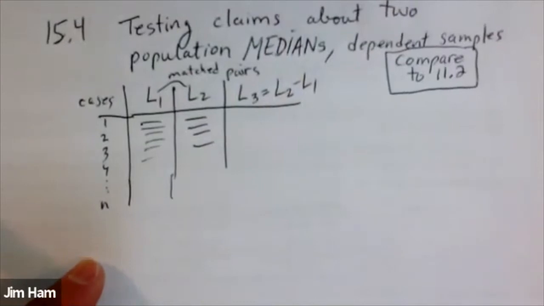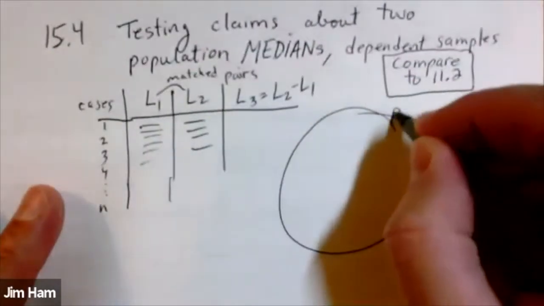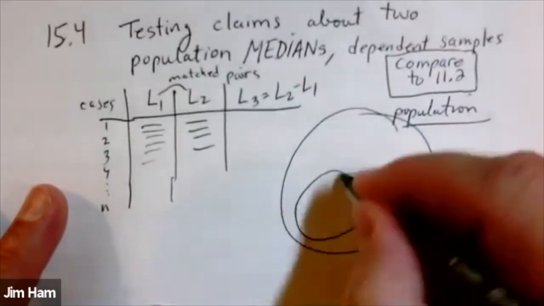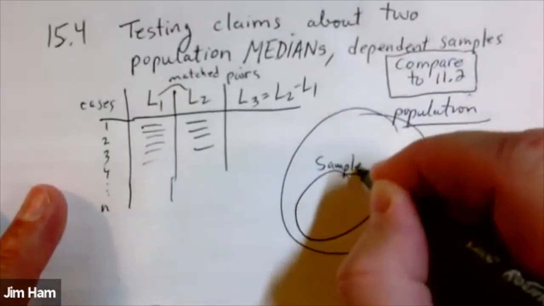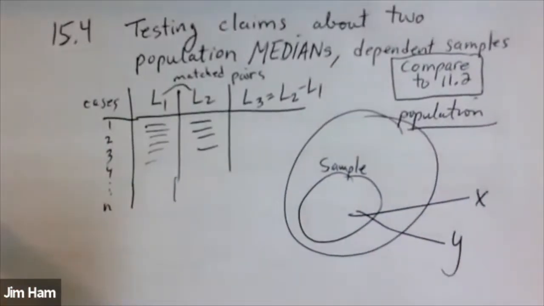So you're going to be doing the same thing, but you're going to be building a much bigger table than what you see here. Most of the time our data sets will be fairly low for this test. And generally what we have is one population, and we take one sample, but we're taking two different readings from that one sample.